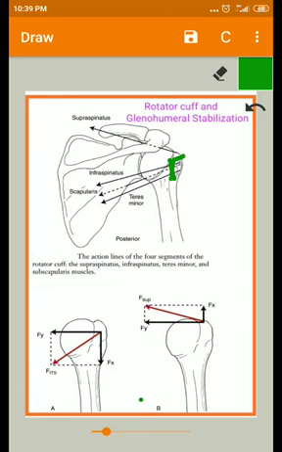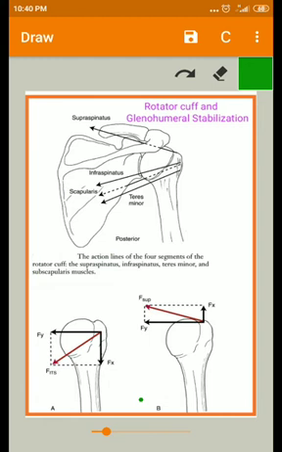Here, these 3 muscles, that is infraspinatus, subscapularis and the teres minor, are more or less in the same action lines with a slight difference.